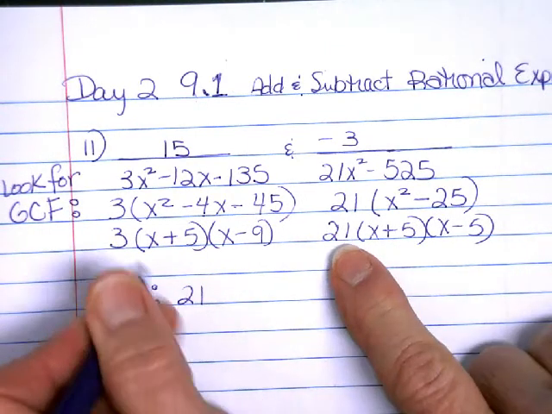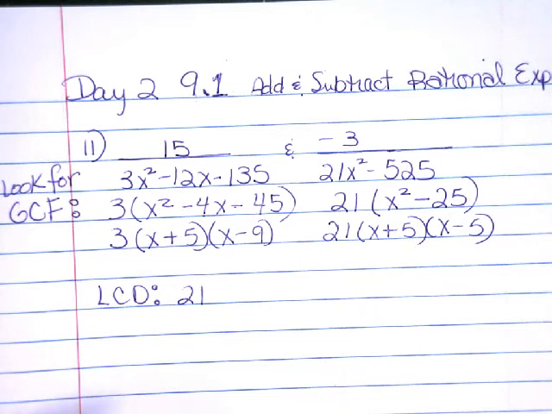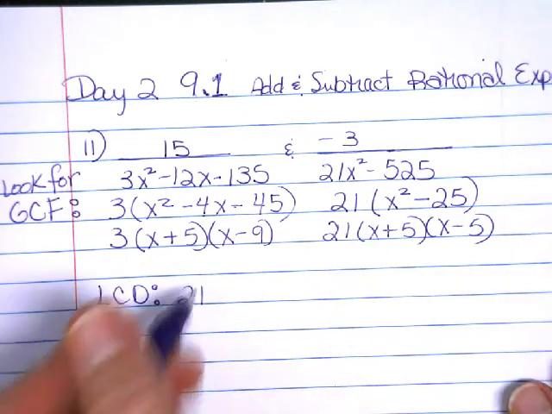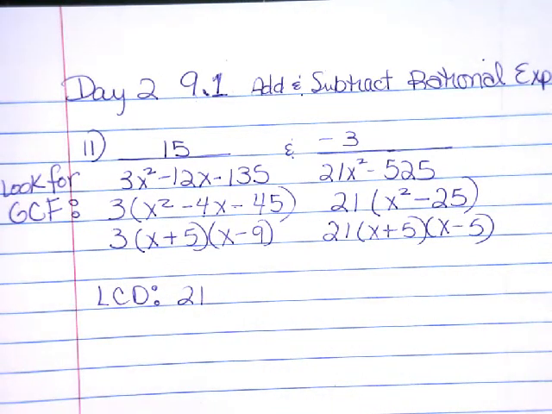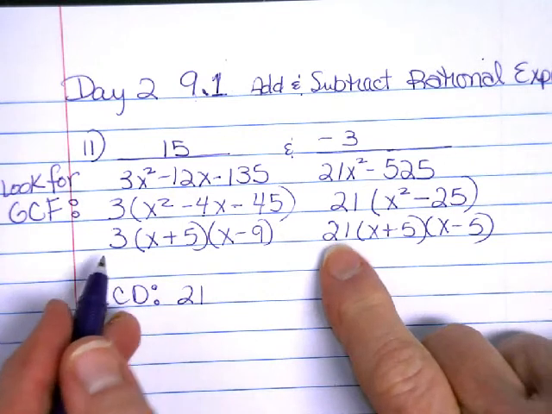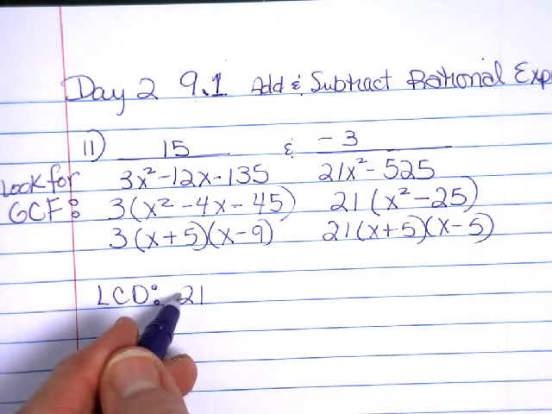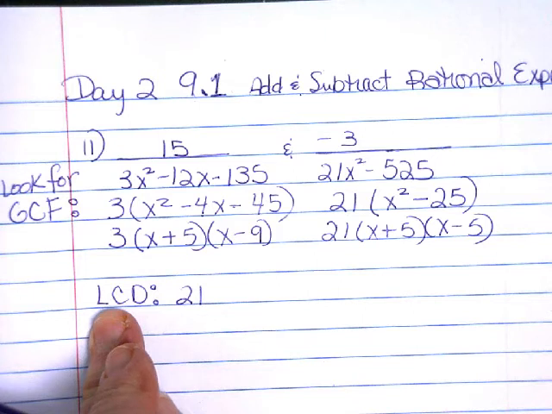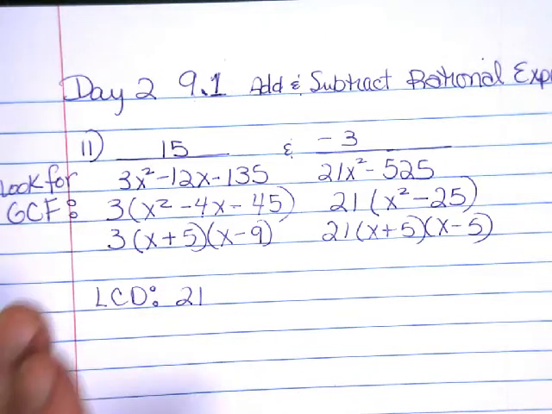And the smallest number here, 3, can go into 21. So it has to be in common. So they both have a factor of 3, and this one has a factor of 7. That's why it's a 21. See why we don't use 63? Because that's not the smallest. It needs to be the least common denominator.